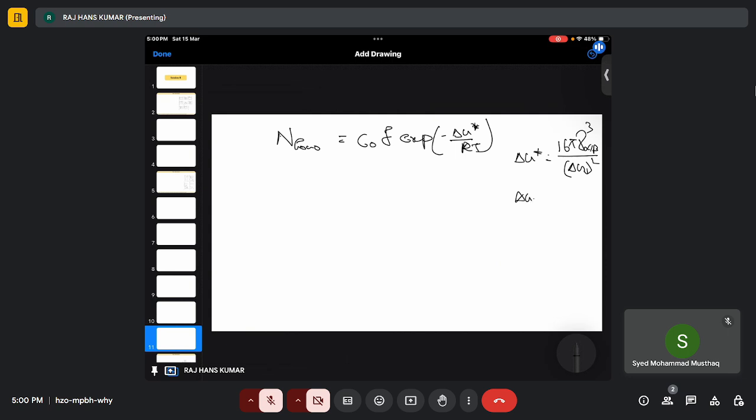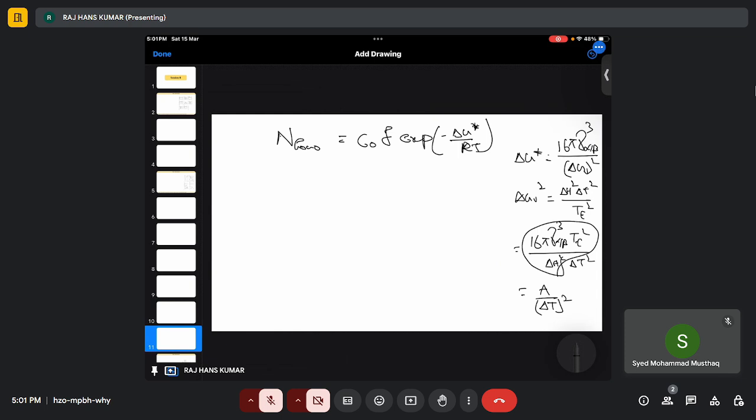And what is my delta GV whole square? Delta GV whole square will be equal to delta H square times delta T square upon TE square. So if I substitute there, then 16 pi gamma cube times TE square upon delta H square times delta T square. And all these terms can be taken as a constant for small undercoolings or minimum undercoolings. So this will turn out to be A upon delta T whole square.